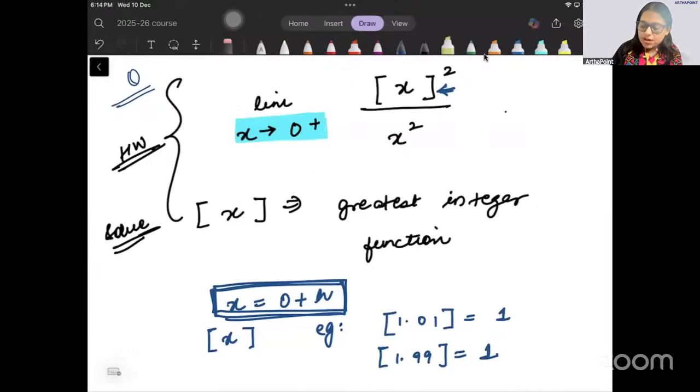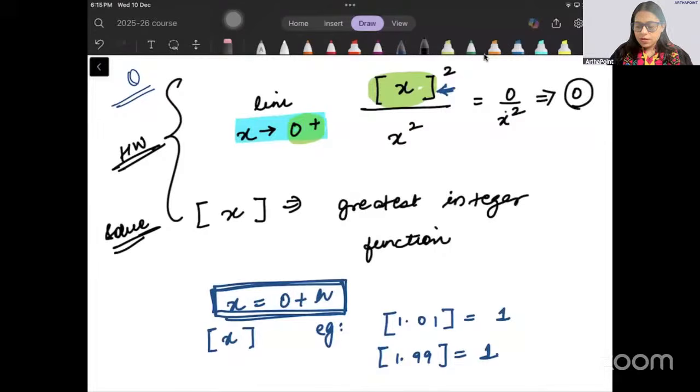Since we are putting anything more than 0, but finding its greatest integer value, the numerator will be 0 by x square, so it will be 0. That's right.